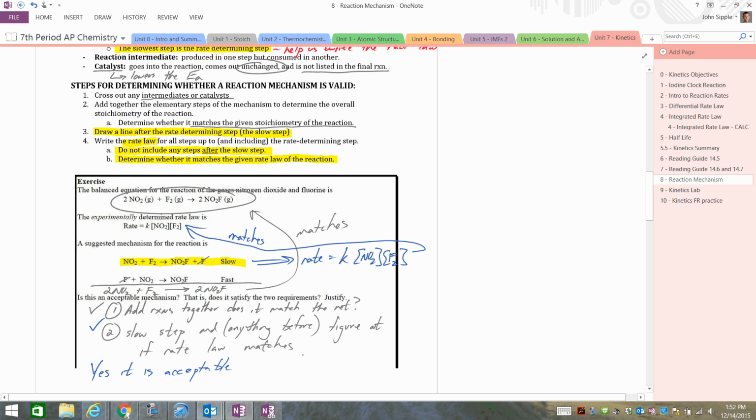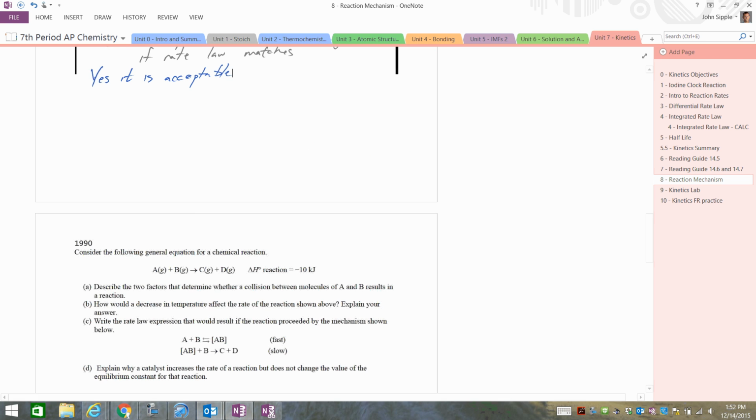Yes, it is acceptable. We add the reactions together, they give us the net reaction, and we get a rate law based on the slow step. We're all set. All right, so let's do another example that is slightly different than this, but it's kind of similar.